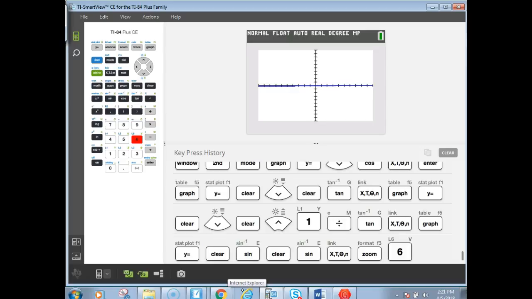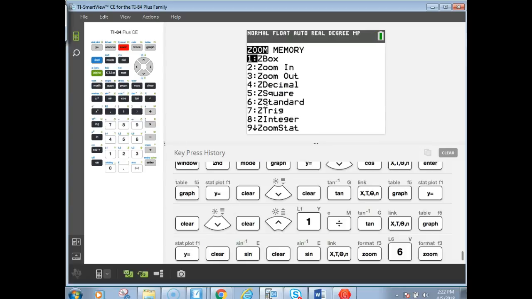What's wrong? How do we have our x-axis labeled? It's not in degrees, is it? We have it all in radians. So you either have to change your mode to radians, but I probably wouldn't do that right now. I'll just show you another way to get it quick. Trig. That's the one. So you hit zoom 7.